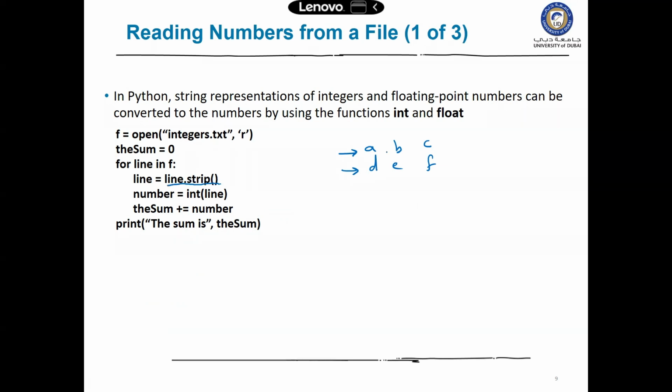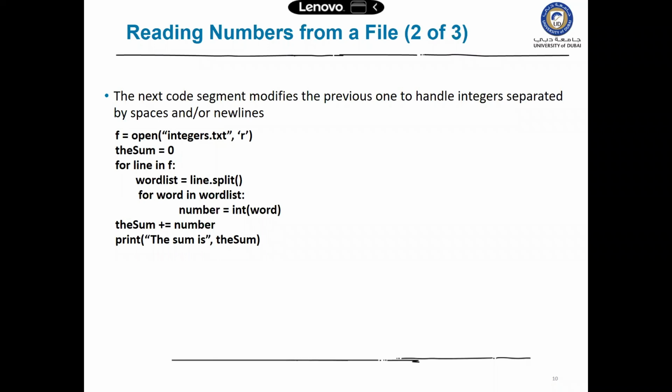The strip will separate each component individually. If you have integers, like in the previous example, convert them into numbers, then do the summation and print the sum. So that's one way of doing it. Another one is where you have line.split, for word in the word list, and the sum. So it's kind of the same thing. They both will do the same task. They are not of great importance, they are just for the sake of mentioning.